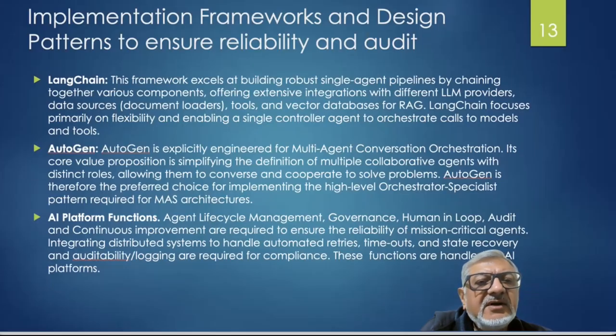When a centralized agent is orchestrating, its state management and state recovery, timeouts, auditability, logging, there are lots of compliance requirements and operational requirements. These functions are normally handled by AI platforms like Google Cloud and Amazon Web Services.